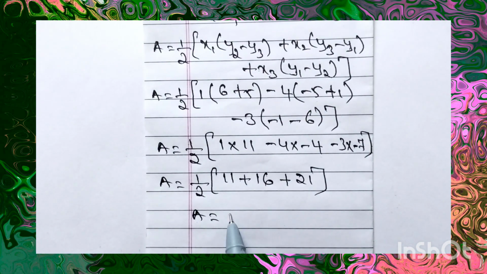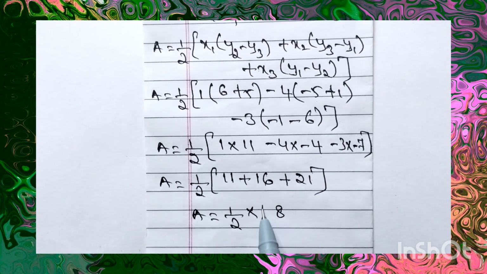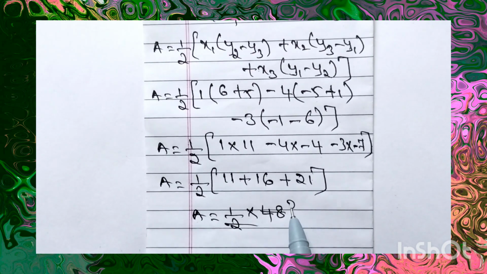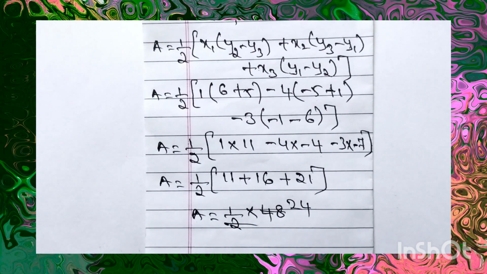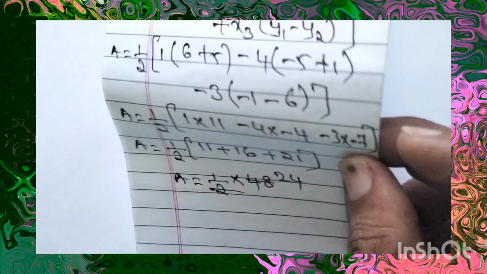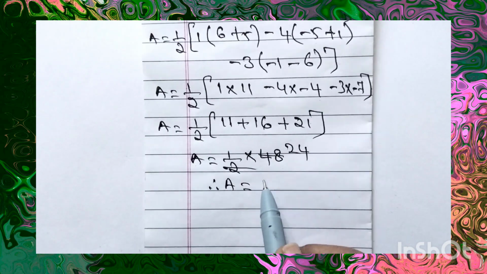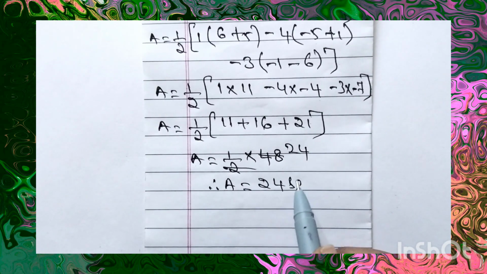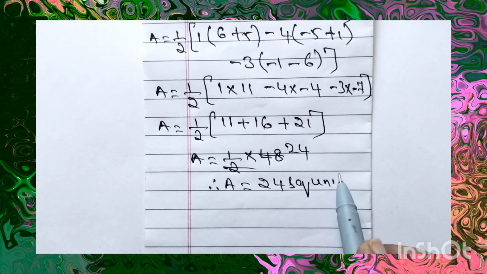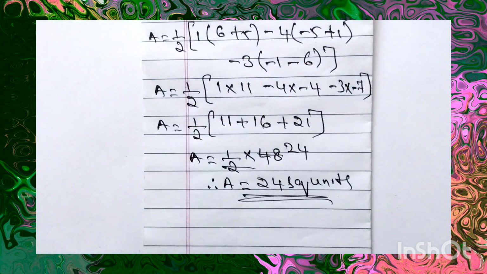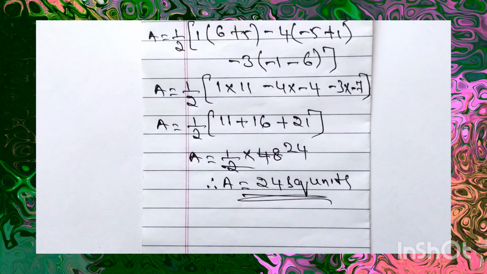Adding everything, the total is 48, half of which is 24. Therefore the area of the given triangle is 24 square units.